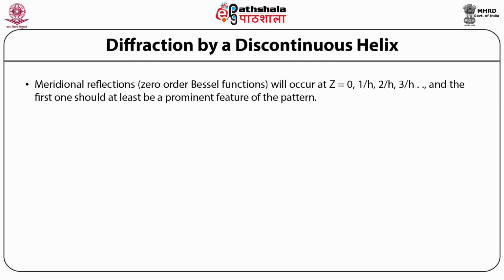Meridional reflections with zero order Bessel function will occur at capital Z equal to 0, 1 over h, 2 over h, 3 over h, and so on. The first one should at least be a prominent feature of the pattern.